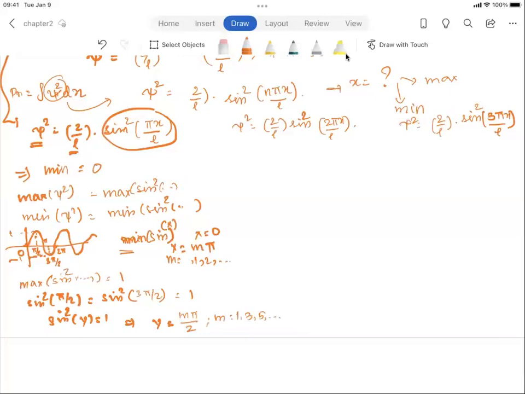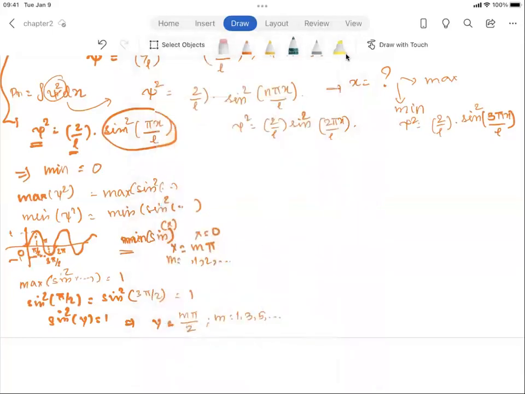So you can have sine of pi over 2, sine of 3 pi over 2, sine of 5 pi over 2, and so on, right? So for all of these values, sine squared of the value is going to be 1. So that's the maximum value we can have.